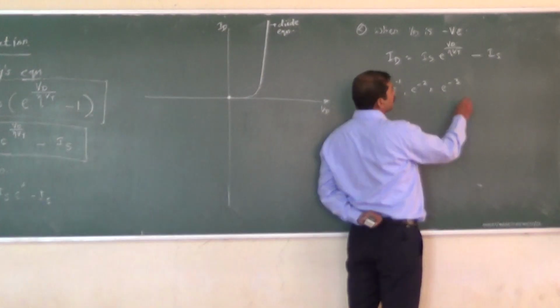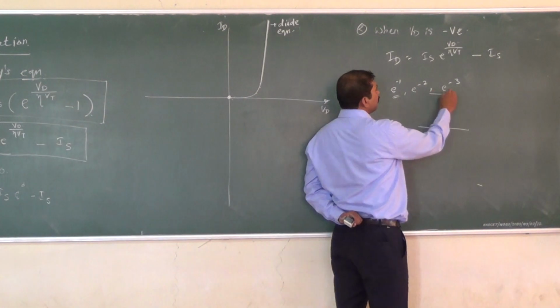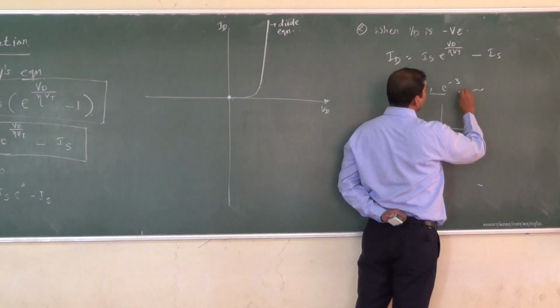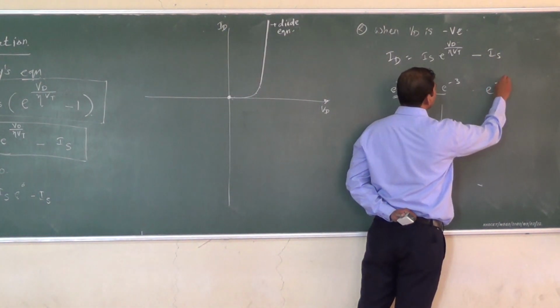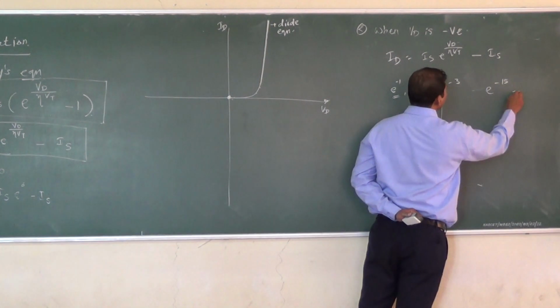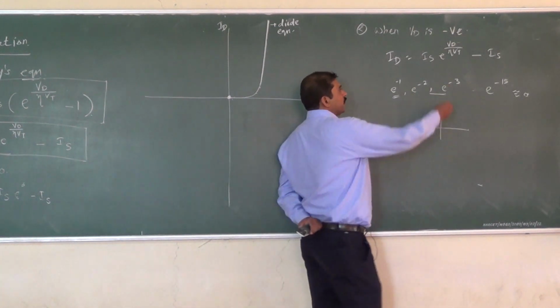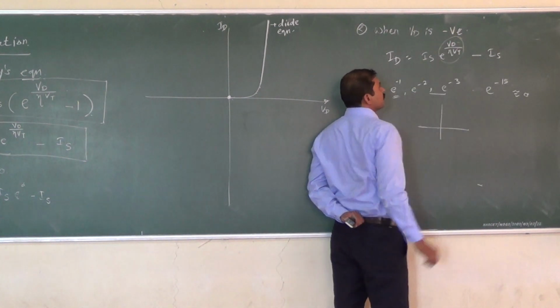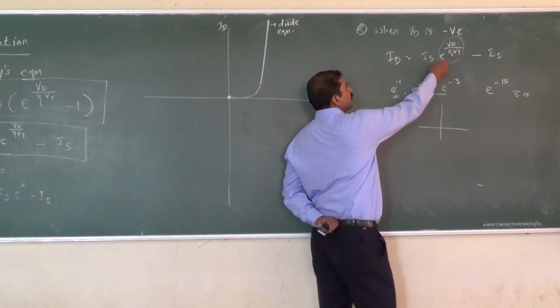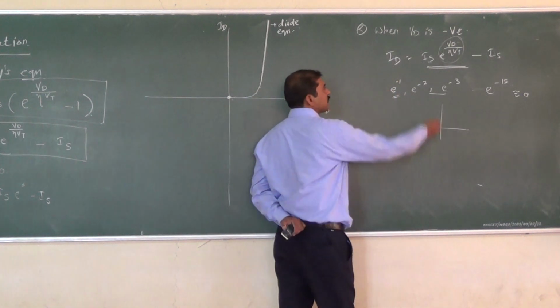If we substitute these and try to plot, we will see that terms like e raised to power minus 10, minus 15, minus 20 approach nearly 0. This term is very, very small, and if you multiply by Is, it is going to vanish as it is 0.